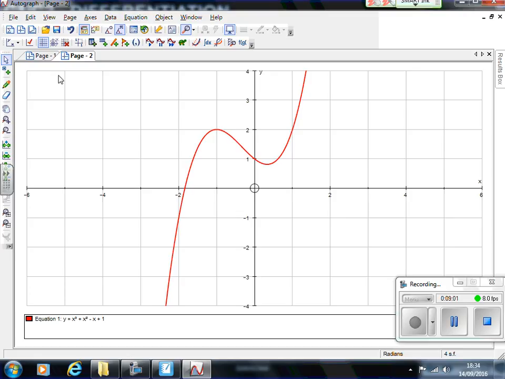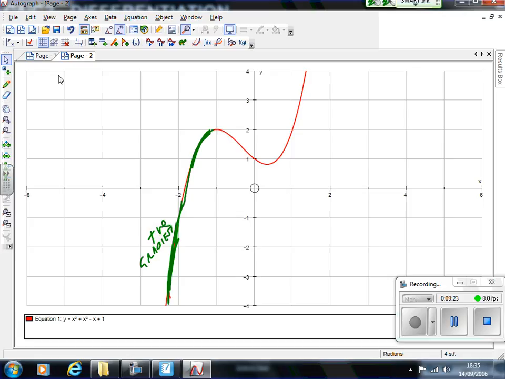Well, first let's investigate this curve. What kind of gradient does it have? Well, it has a positive gradient, doesn't it? Because the graph is getting bigger, the y value is getting bigger, and then the y starts to slow down.